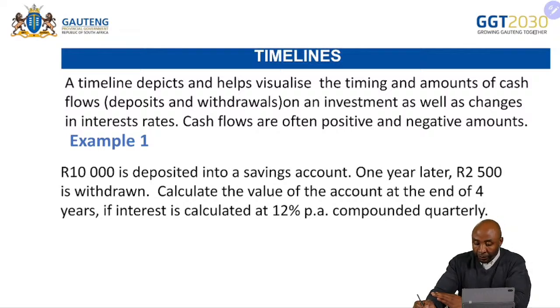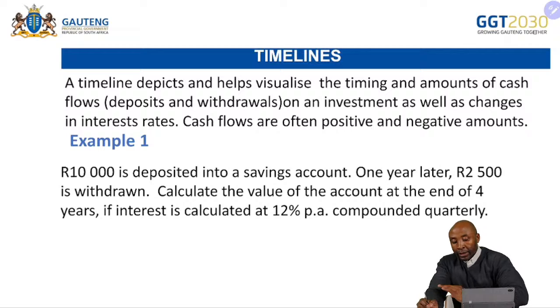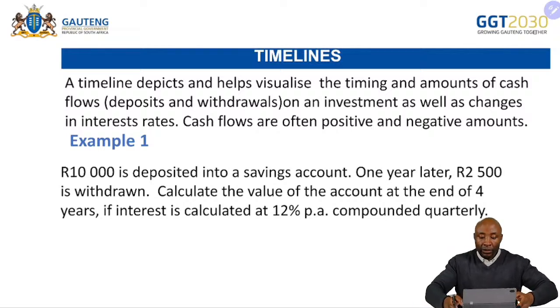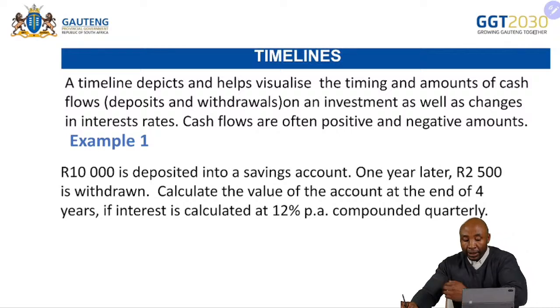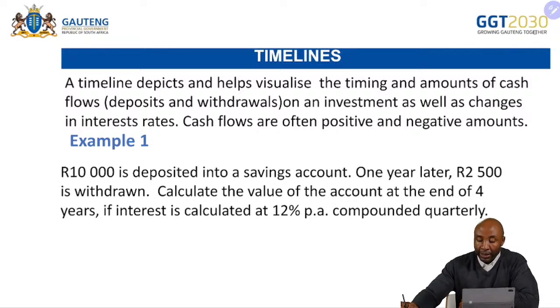So now, because there are deposits and withdrawals, it means we have to cater for those. Remember, if there is a withdrawal before the end of the investment, it means whatever is withdrawn on the investment will go with its interest that it was supposed to accumulate for that remaining period when it was withdrawn.